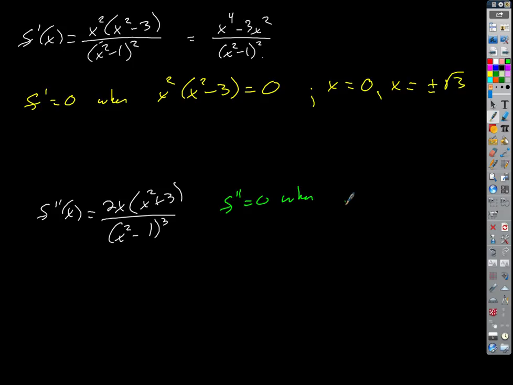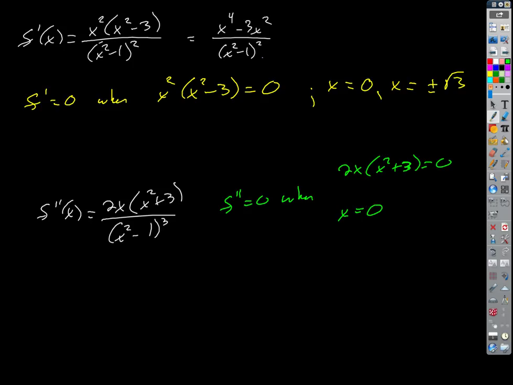When x equals 0. What about that one? Can it give us any zeros? No, not real zeros, right? Okay. So we only get one real 0 there. So now we can finally make our table.